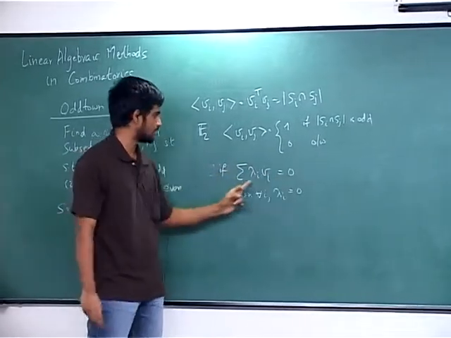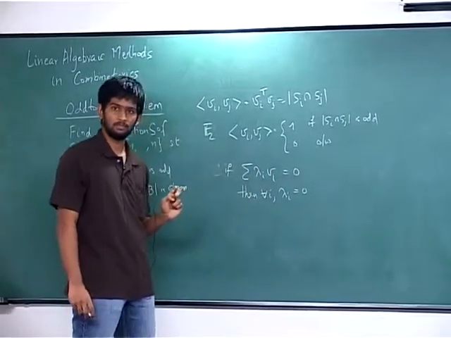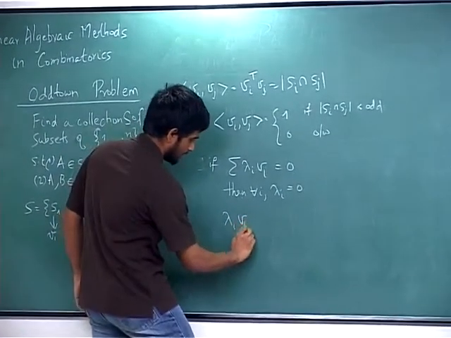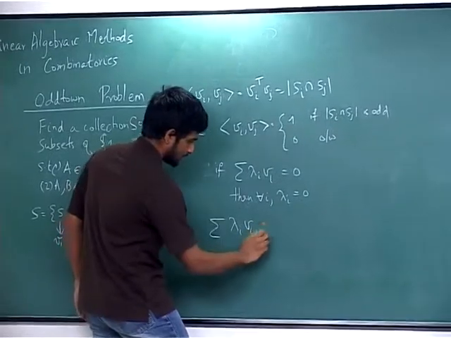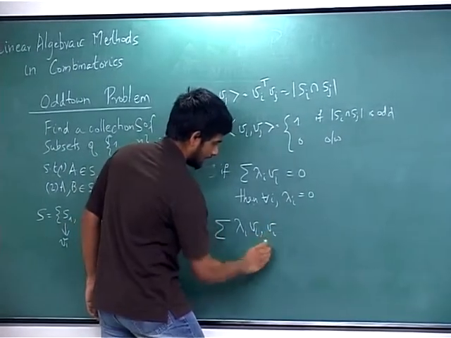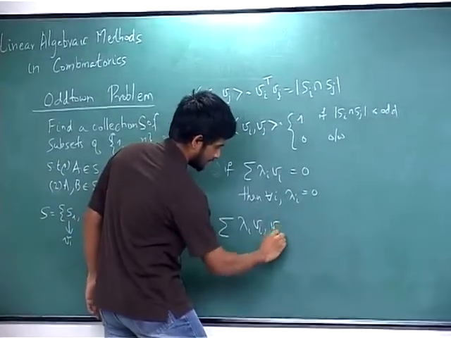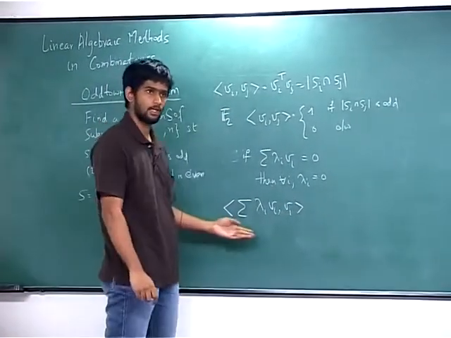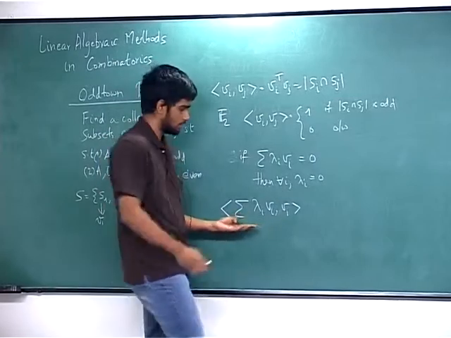Suppose not, and you have such a collection where all the lambda i's are not 0. Then what you do is take the summation lambda i Vi and take an inner product with some vector, say the first one, V1. Look at this inner product.